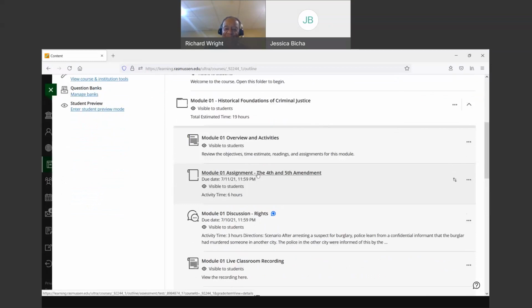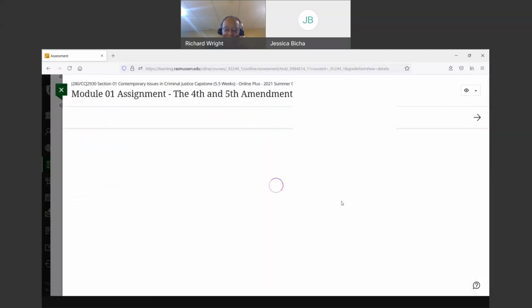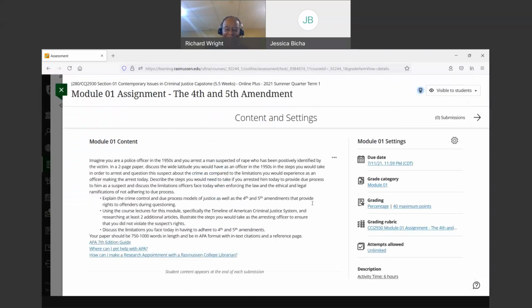Now, here's the written assignment for this week and the content. And it gives you a scenario, and you're going to do a 2, not 1.5, not 1 3/4, but 2 pages, double space, APA formatted paper.